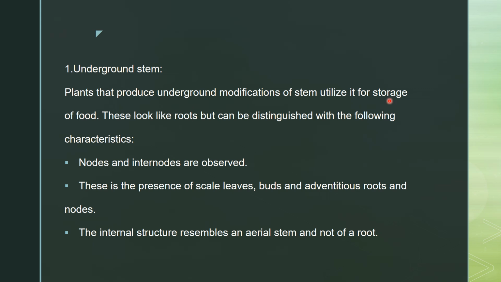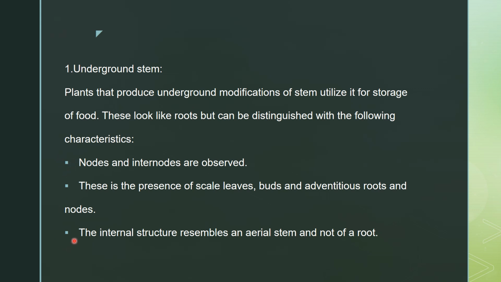For storage of food. These look like roots, right? Because they are under the ground, they can look like roots, but they can be distinguished with the following characteristics.